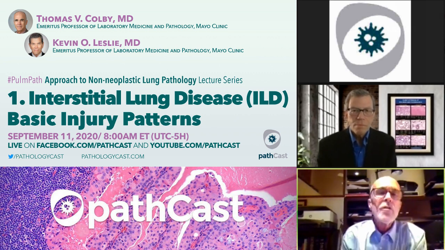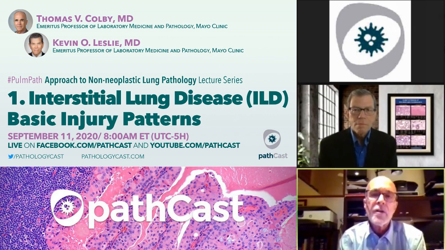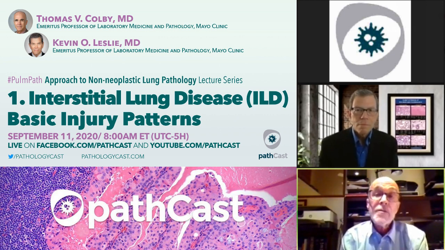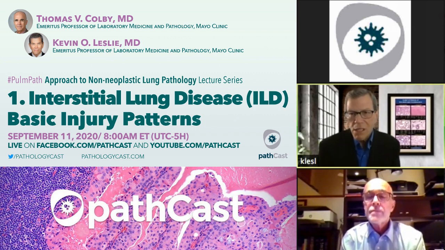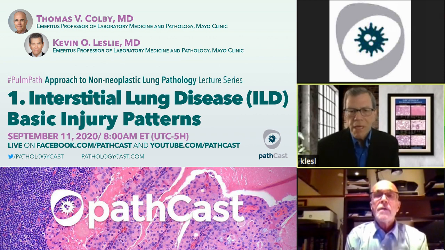Then that puts the onus back on the clinician to provide some history. That's a problem, and it's always been a problem in pathology, getting enough clinical history. But these days, I'm surprised at how good clinicians are at providing some of that information. And I think the electronic record has a lot to do with that.